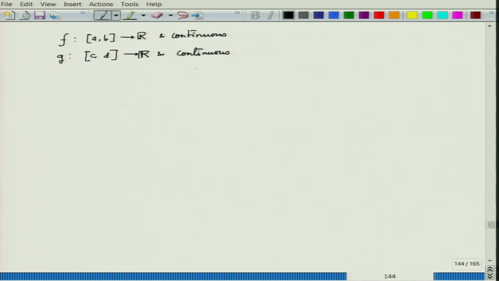So, if I take the rectangular region R as [a, b] cross [c, d], there is an exercise in the book asking you to show the following. Define phi(x, y) as f(x) into g(y).